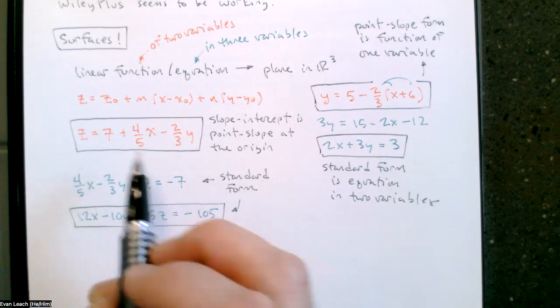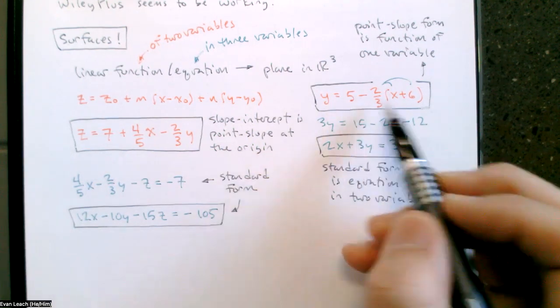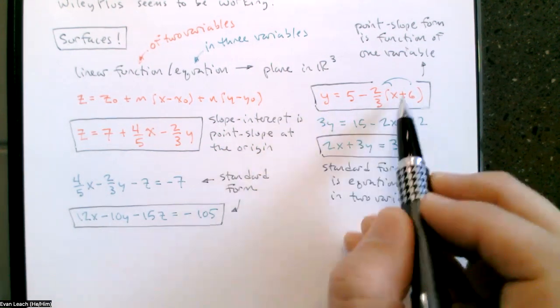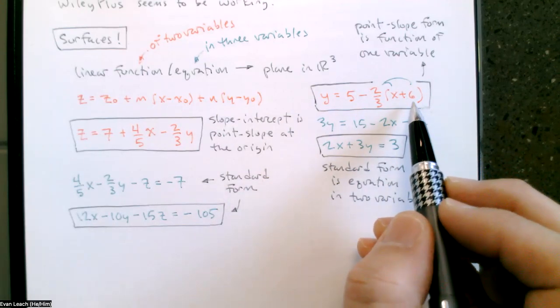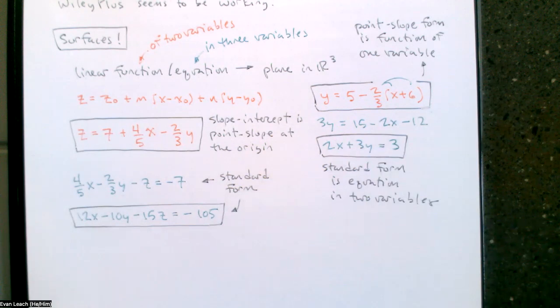Like in this point-slope form up here, this line contains the point -6, 5, and has a slope of -2/3. We have a complete description of what's going on in this equation. We can see one of the points that's there, and we can see which direction it's going.